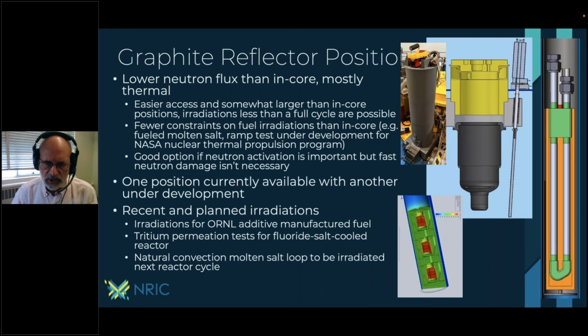So right now we just completed some irradiations for some additively manufactured fuel that was produced at ORNL and irradiated at MIT, and we're also looking at a natural convection molten salt loop to look at the transport of radioactive corrosion products in the salt during operation. Next slide, please.